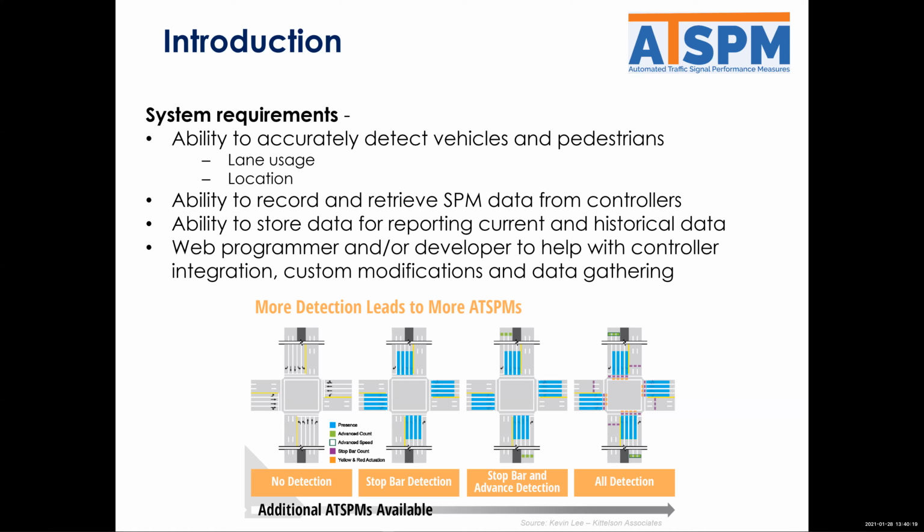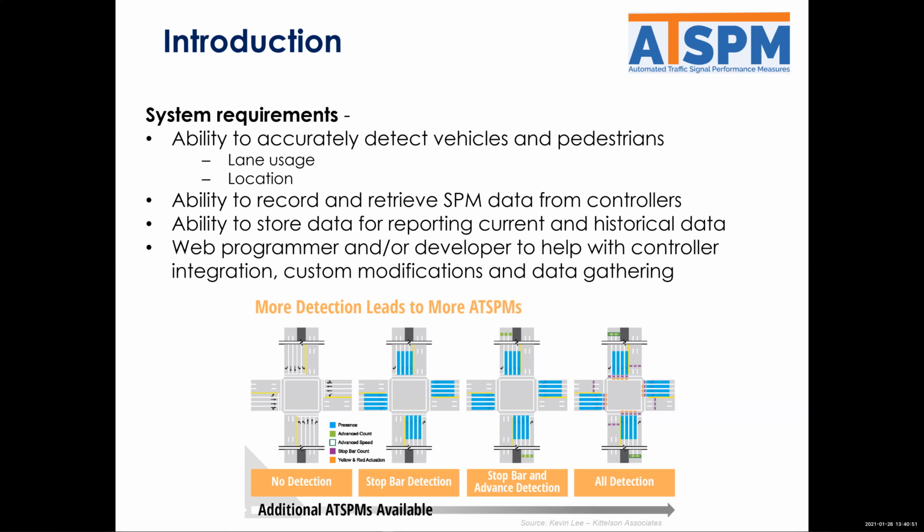Once you start gathering data with the signal performance measures, data is going to come in at an astounding rate. We're looking at maybe a terabyte of data every year for a 25 intersection system. So you're going to have also some sort of ability to store the data for not only current situations, but also to be able to go back and look at historical data.